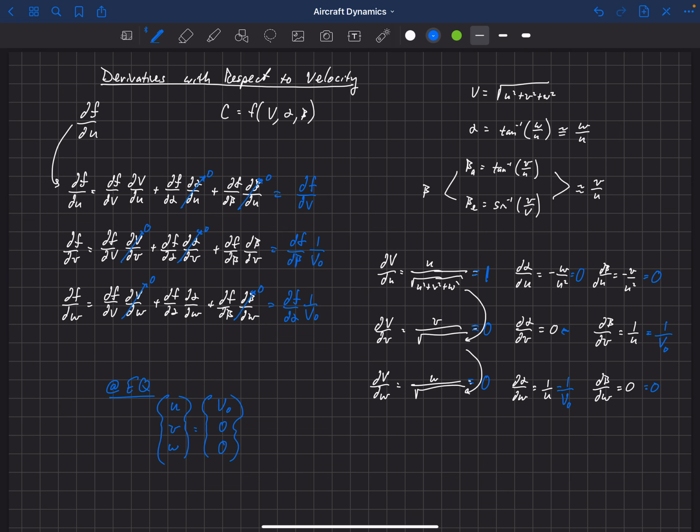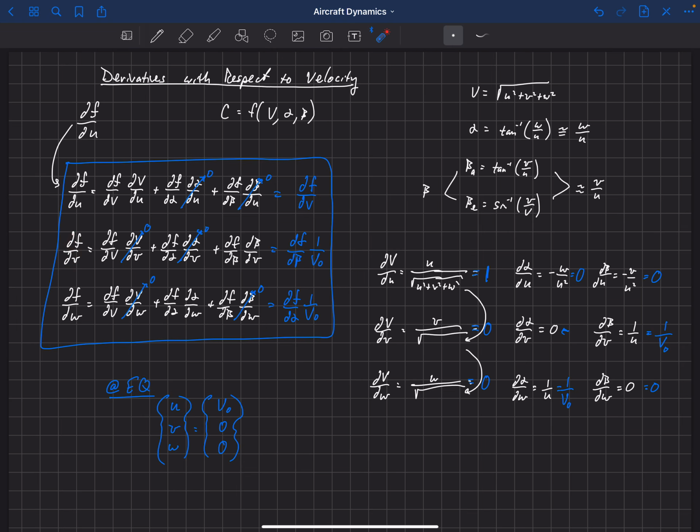So this is our solution here. So anytime we need to take a derivative with respect to u, we're actually going to take that derivative with respect to capital V and say that that's equal to this within small angle approximations, and within this transformation of variables here into alpha and beta.